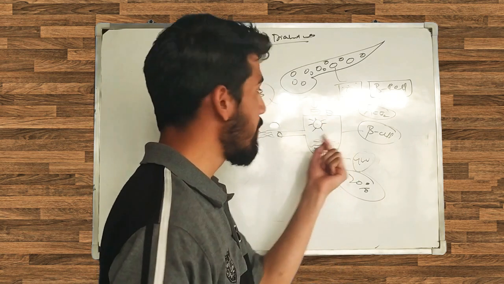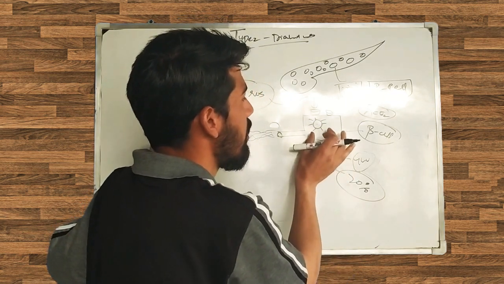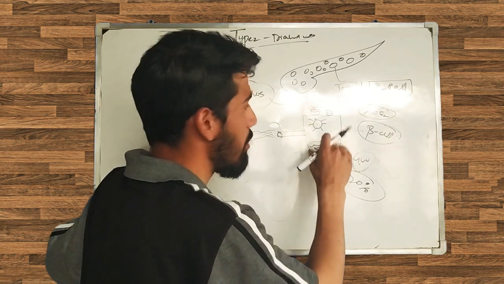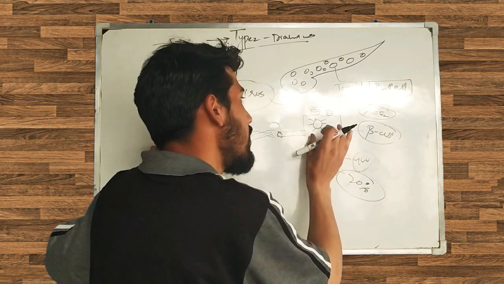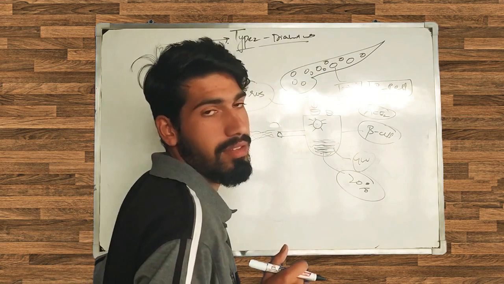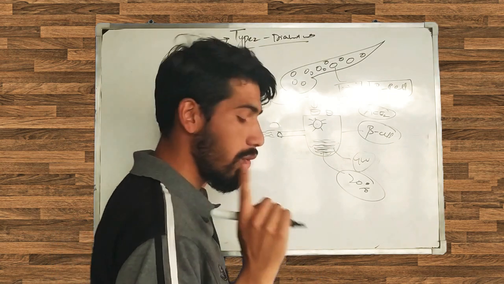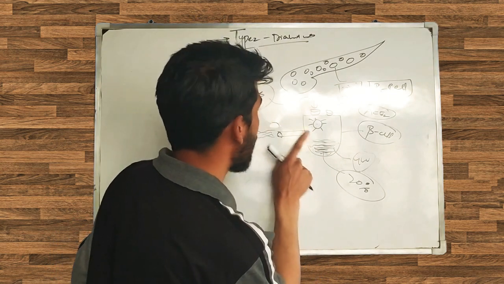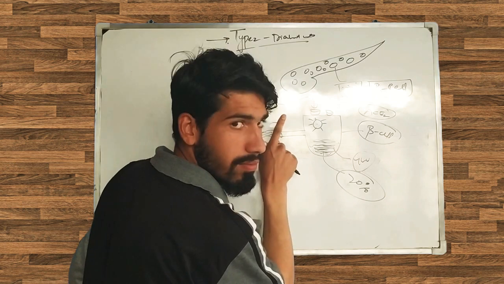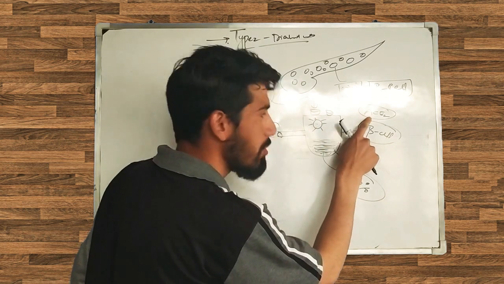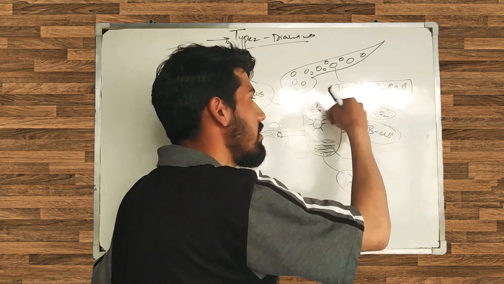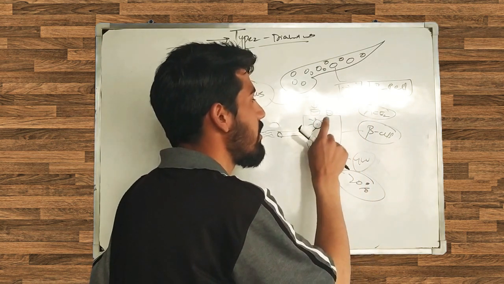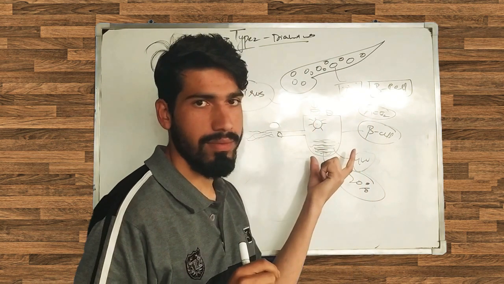When the virus comes inside the beta cell, it damages the beta cell. So when the virus binds with the ACE2 receptor, the receptor brings the virus inside, and the virus damages the beta cells.